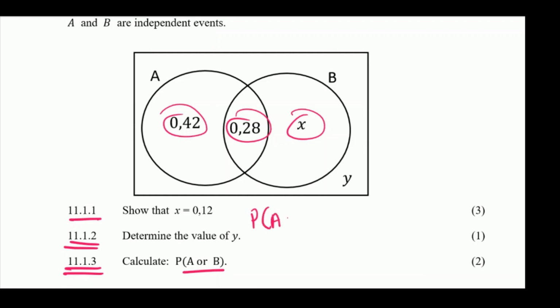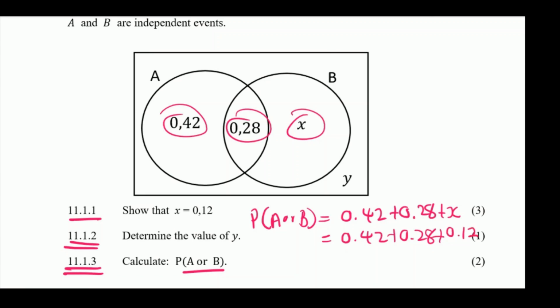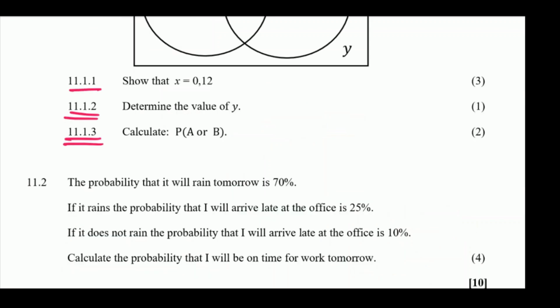P of A or B is equal to 0.42 plus 0.28 plus x, right? So 0.42 plus 0.28 plus, so our x we found to be 0.12. So if you add everything in your calculator, you need to get 0.82. So this is the solution for the union.